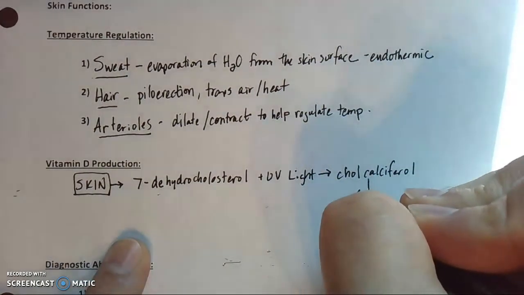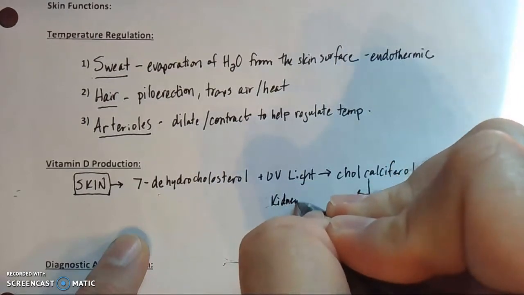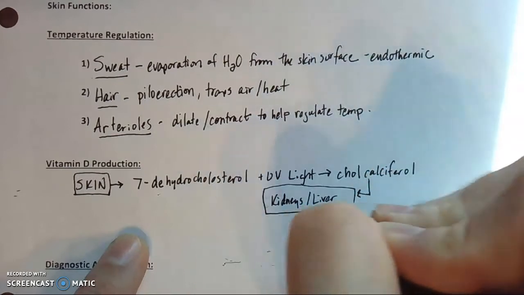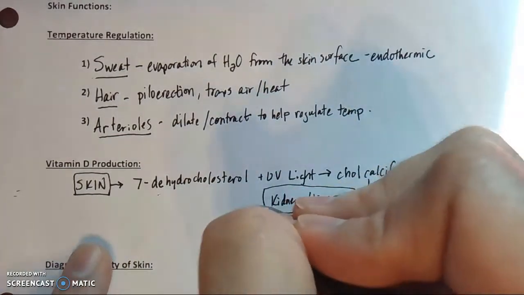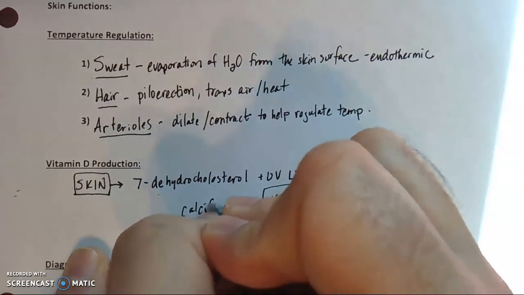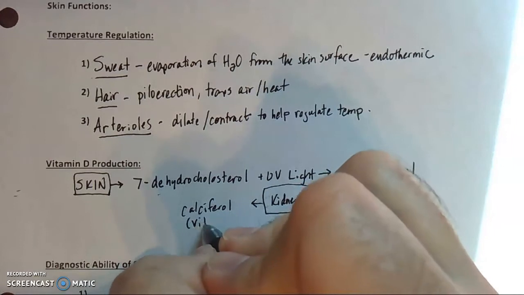This then travels to two places, the kidneys and the liver. So it's transported, and it is turned into calciferol, which is the chemical name for vitamin D.